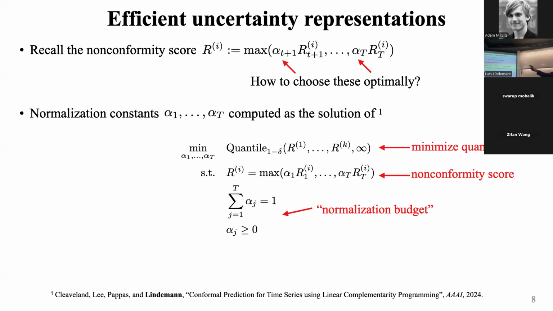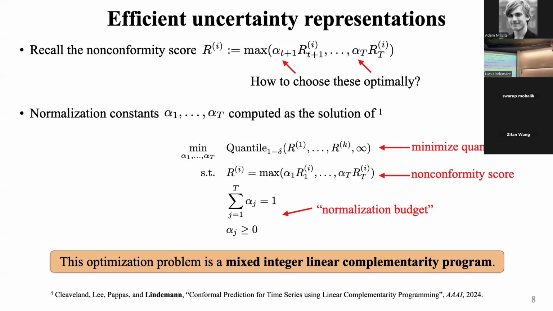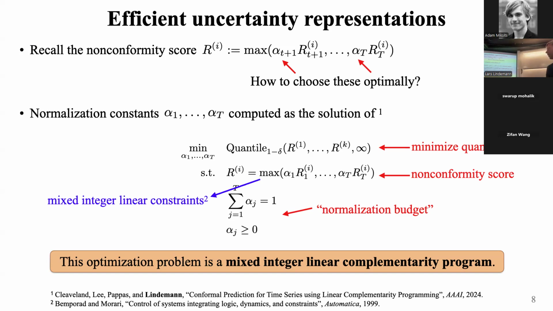An important thing here is you can solve this optimization problem offline to get the alpha. You don't have to do that online. If you look at it closely, you can see that this is a mixed integer linear complementarity program. Why is that? First of all, max operators you can always rewrite as mixed integer linear constraints, as our temporal logic people here know.